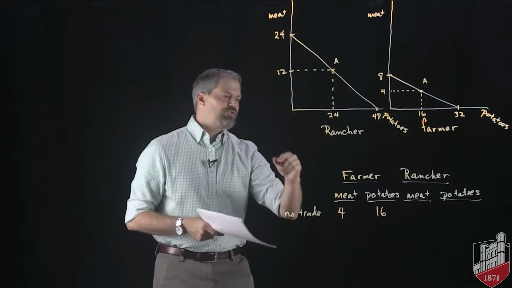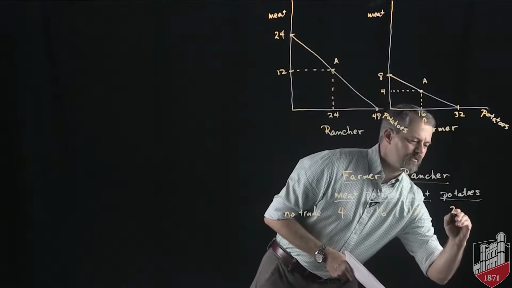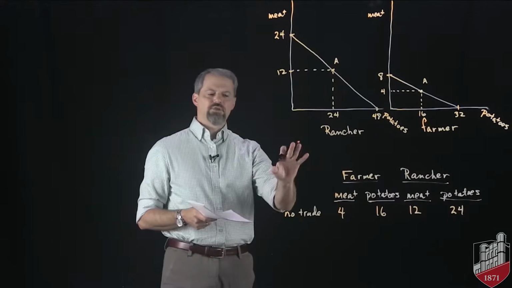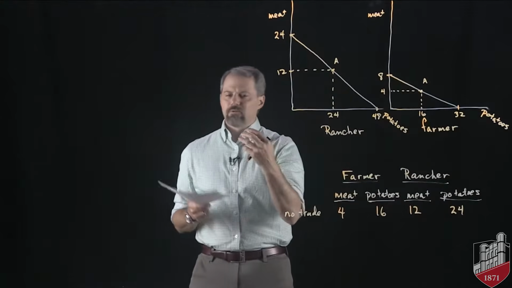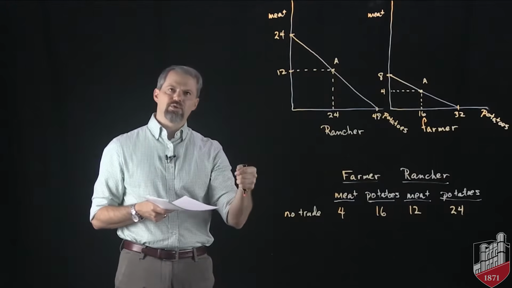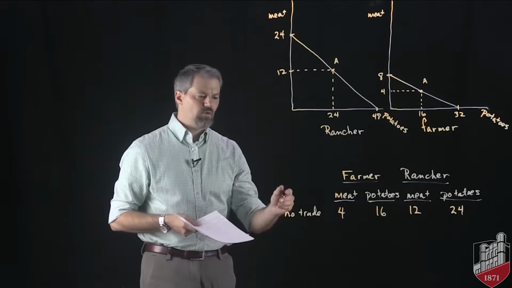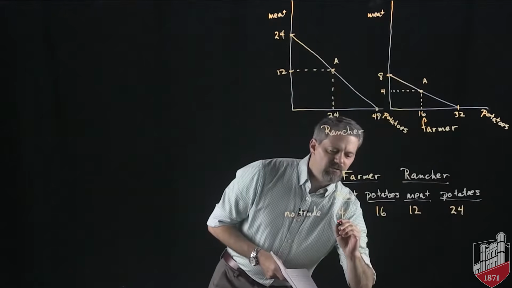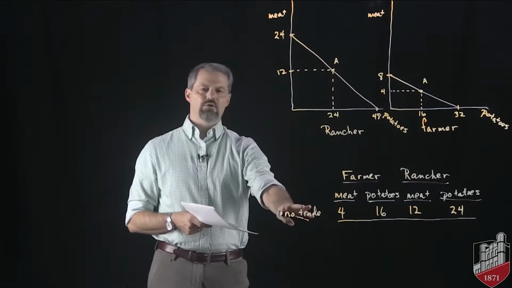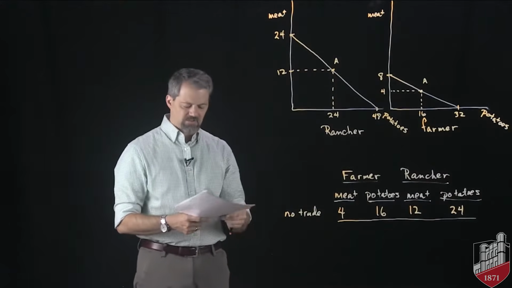Our rancher has 12 ounces of meat and 24 ounces of potatoes. So that's the situation with no trade. And remember that when they're not trading, their production and consumption points have to be the same. Once they start trading, that's no longer going to be true. So I'm going to draw a little line here just to represent this no trade situation from what happens when we allow them to trade with each other.